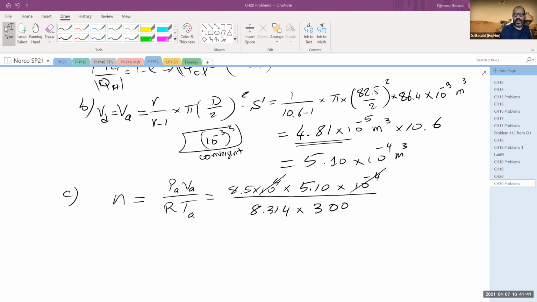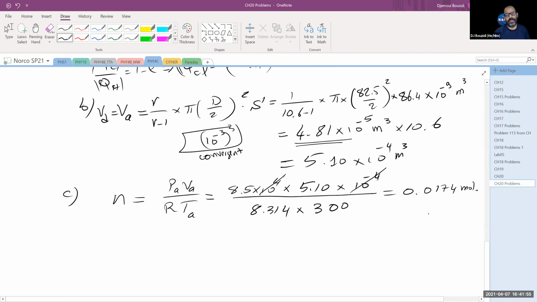And the number of moles turns out to be 0.0174 moles. Usually they don't write a unit with an E at the end. They're just like a unit, basically.